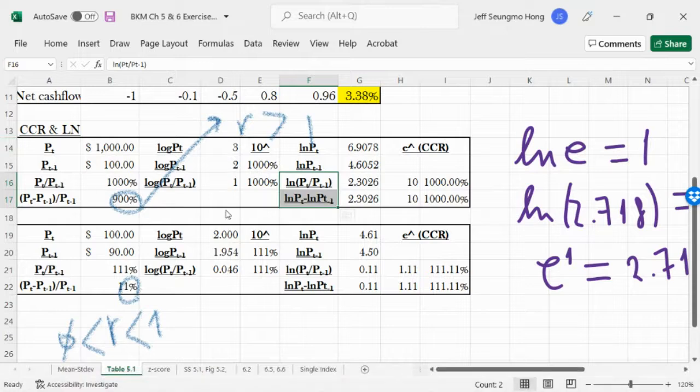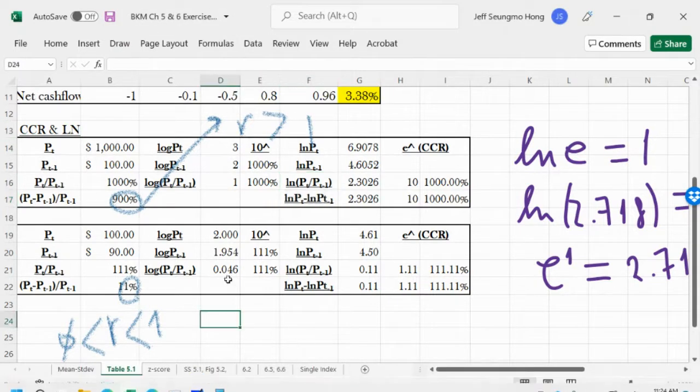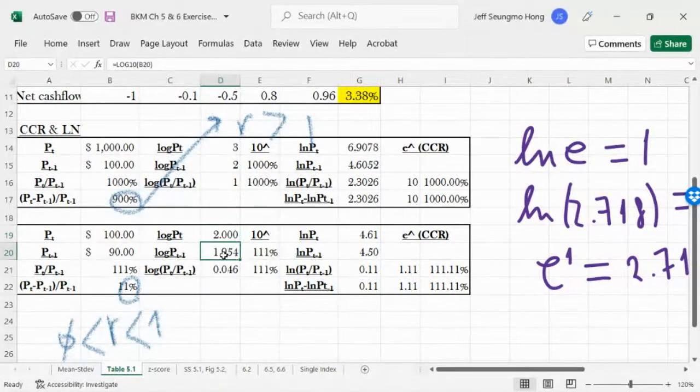For such a number, let's do the same thing all over again. Log of PT is 2, of course. 100 is 10 squared. Log of PT minus 1, common log of that, 1.954. And gross return, 0.046, right?